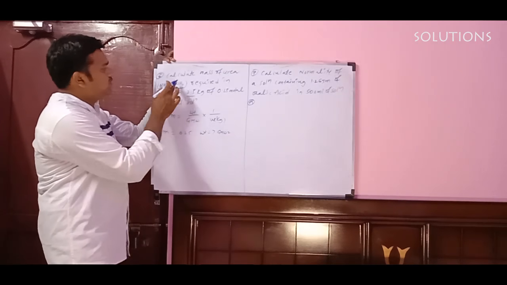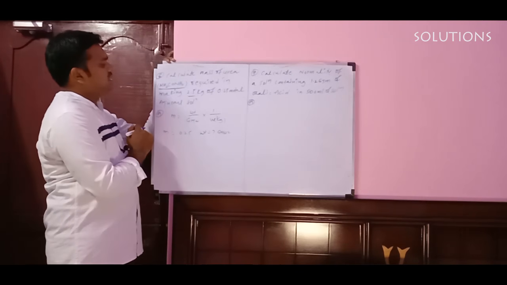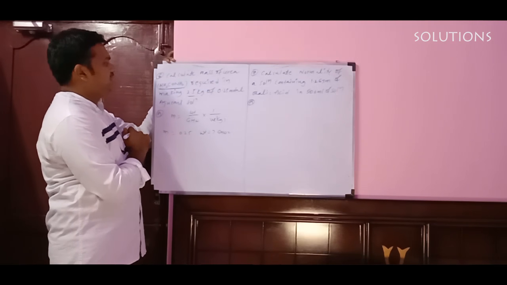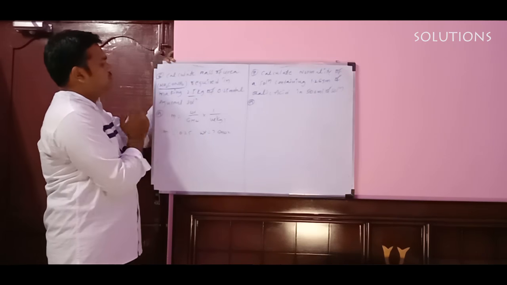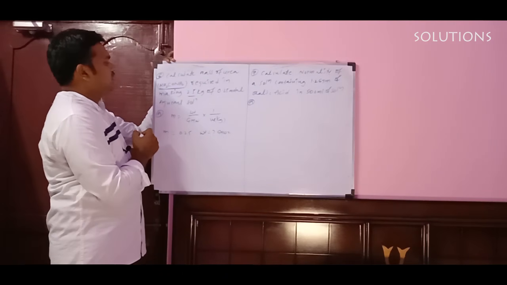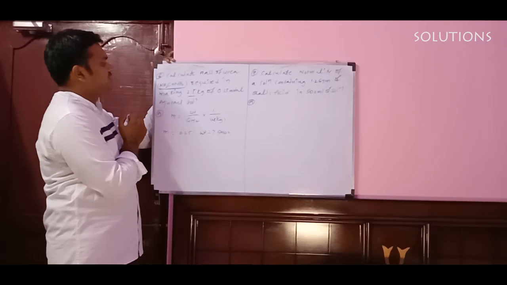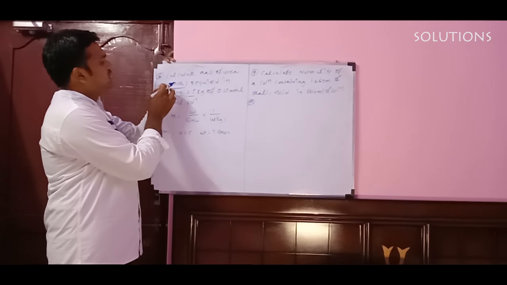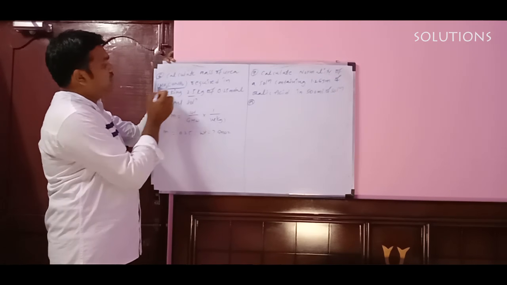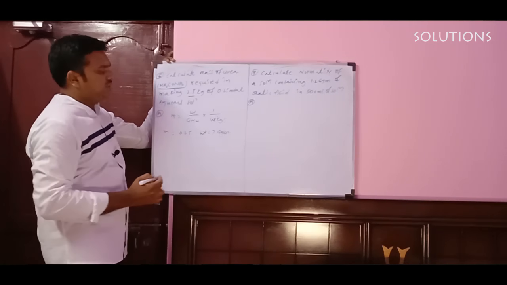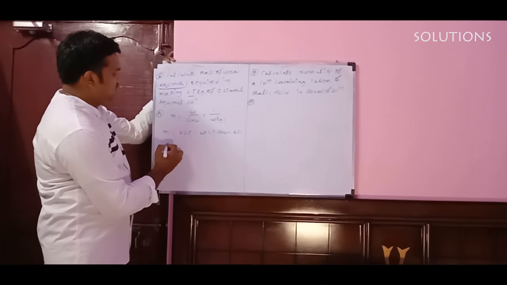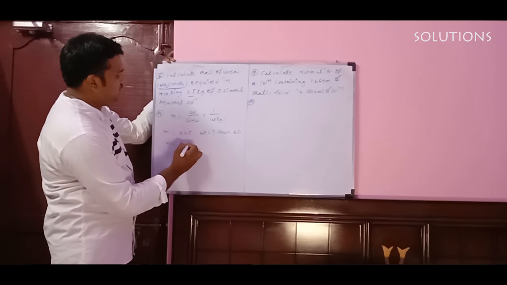We have two nitrogens: 2 into 14, 28. 28 plus 2 is 30, plus 2 is 32, plus 12 is 44, and oxygen is 16. Total you will get 60. Clear?